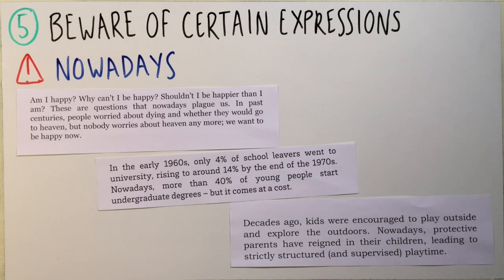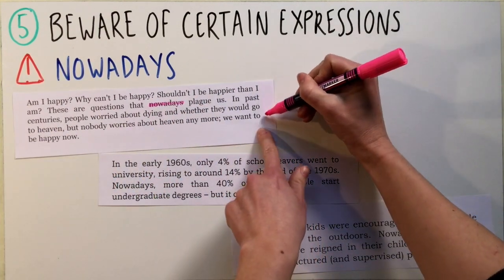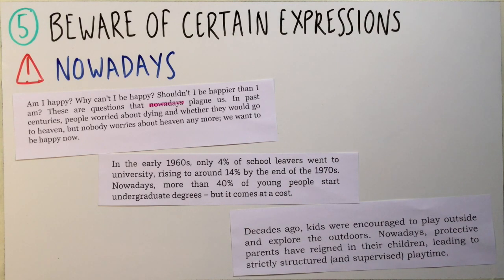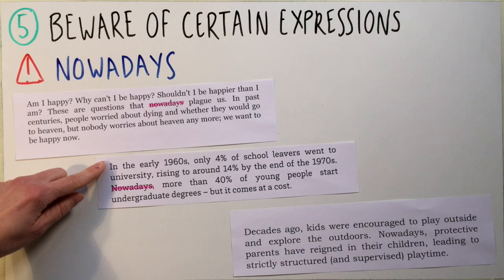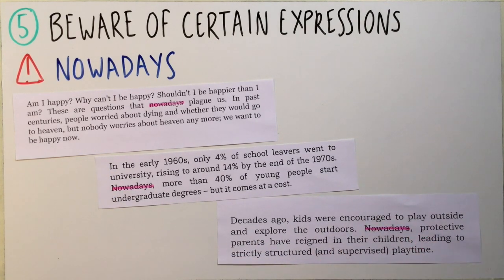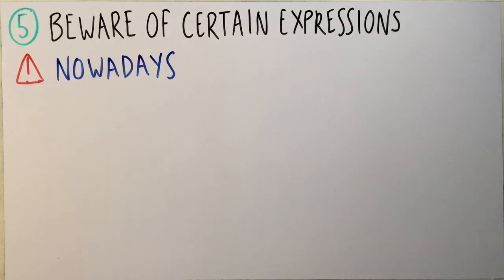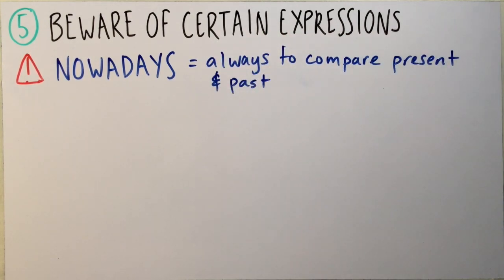And you can see in all the examples, wherever nowadays is used, it's because the writer is talking about the past and contrasting it to the present. So that's how you use nowadays. It's always to compare the present to the past.